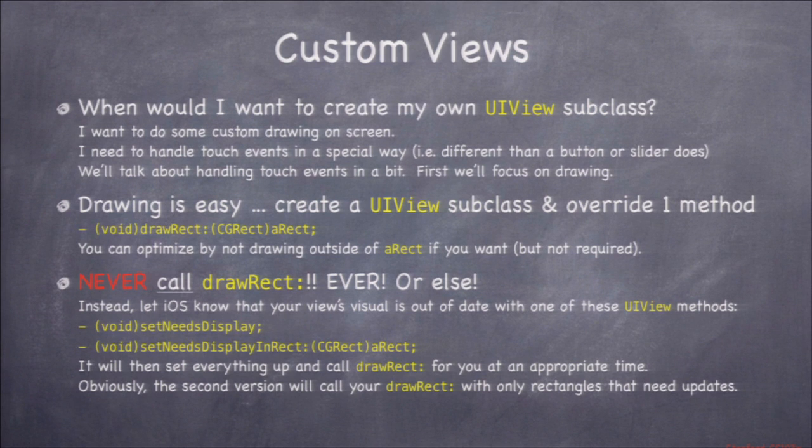Okay? The system knows when it's an appropriate time to call drawRect, update off-screen buffers, whatever it has to do. It's in control of that. Don't ever call drawRect. It just will not work to call drawRect. Okay? setNeedsDisplay. And you can do setNeedsDisplayInRect. That's giving the little optimization rect. Okay? But setNeedsDisplay is how you do that.